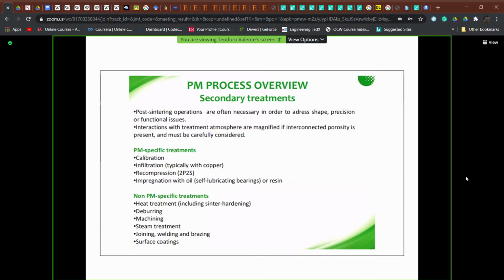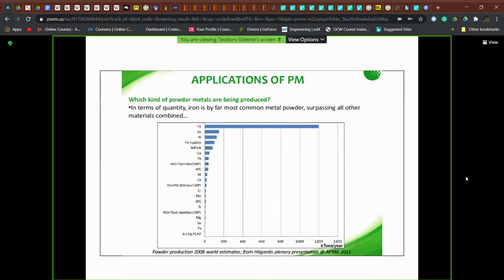And in some cases, we can have thermal treatments, or also a two-step sintering that depends on the starting materials.